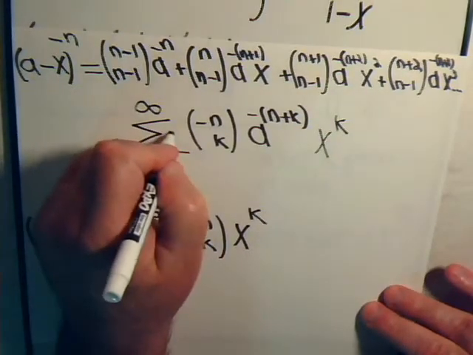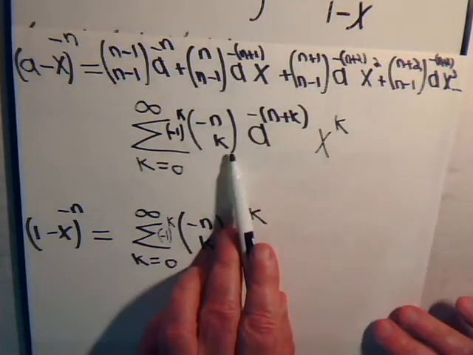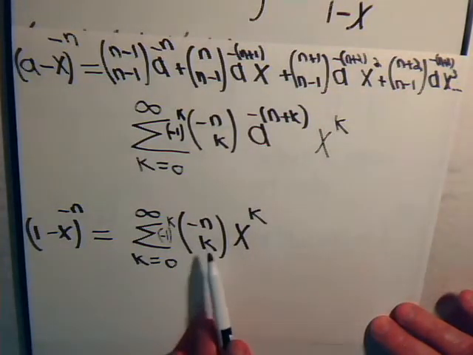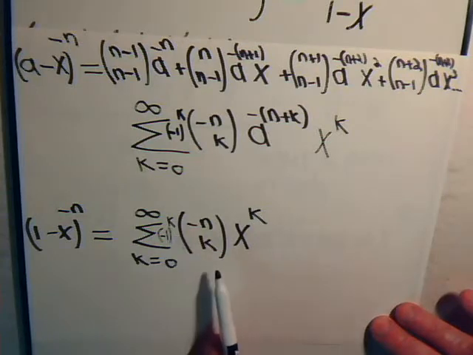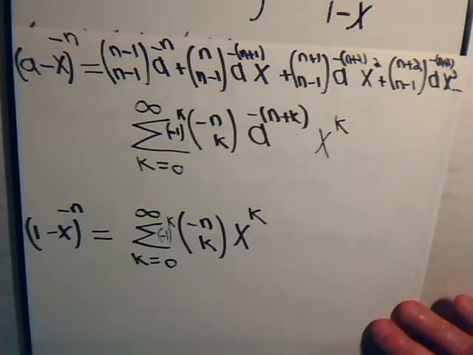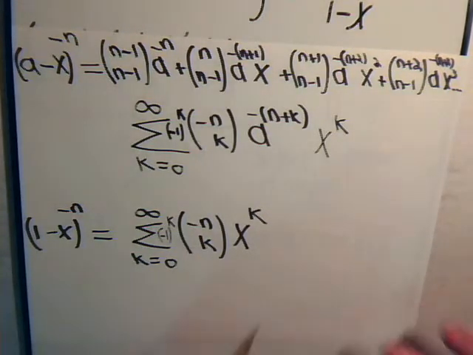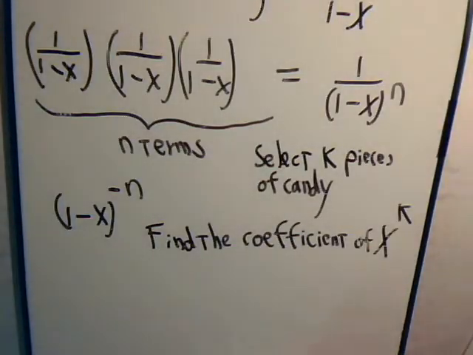The reason for that is these are alternating plus and minus as we go out the series. So you multiply by minus 1 to the k, then you get all positive terms, which is what they should be.